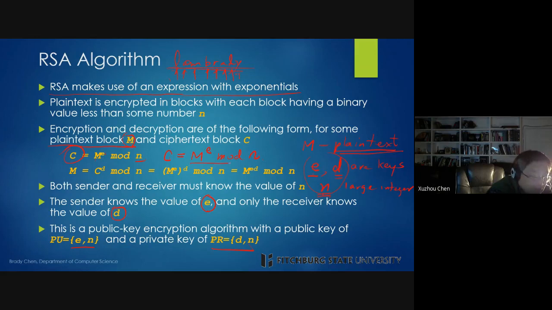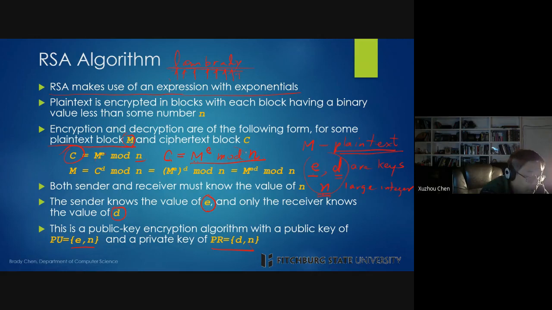This calculation is relatively simple and easy, because even though m, e, and n are huge numbers, we have a modular operation, and we can use some of the properties of the modular operation. So we can easily calculate this value and get the number c. The number c is going to be smaller than n, and m should also be smaller than n.